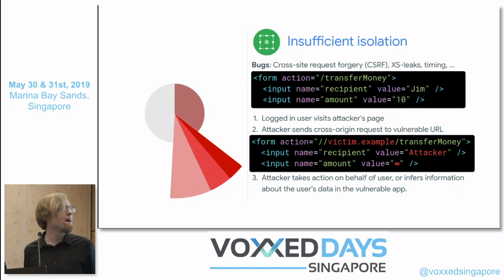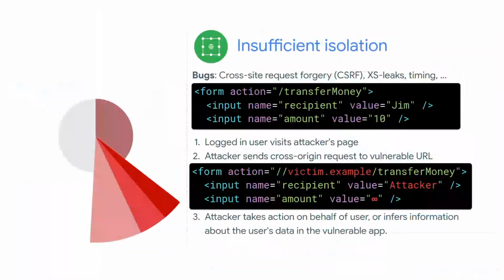The second, much more diverse class of issues is based on the fact that there is no inherent isolation between web applications. Unlike cross-site scripting, there are a number of different types of attacks on web isolation. They have different acronyms that security people are very excited about and love to talk about.